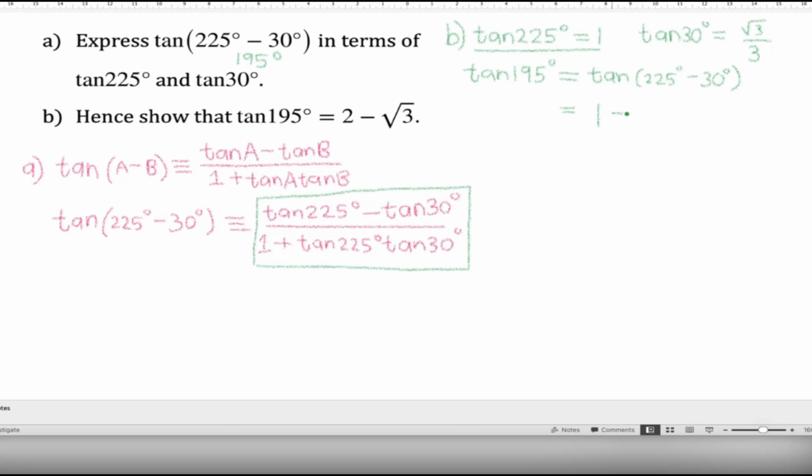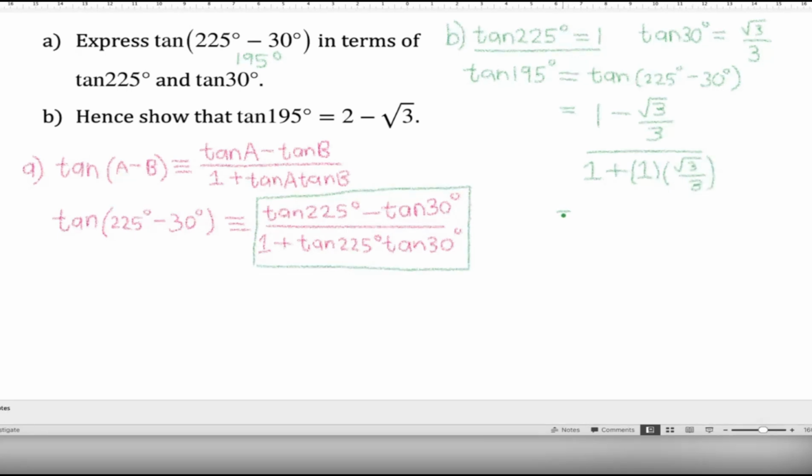Then we have to subtract tangent of 30 degrees, and we know that the tangent of 30 degrees is equal to square root 3 divided by 3. And we have to divide this by 1 plus the tangent of 225 degrees. We know that is also equal to 1. And we have to, of course, multiply this by the tangent of 30 degrees, which we know is equal to square root 3 divided by 3.